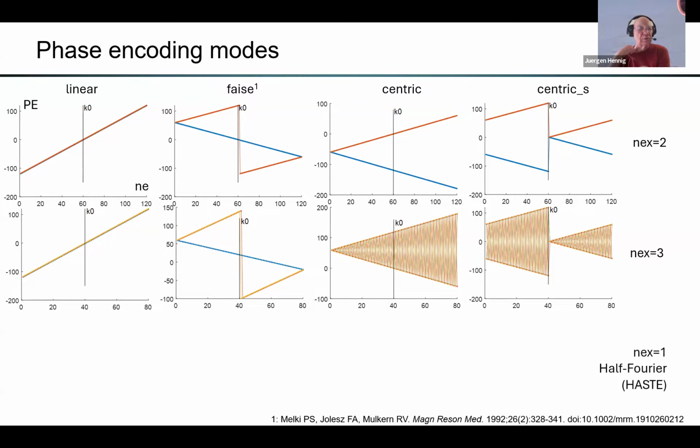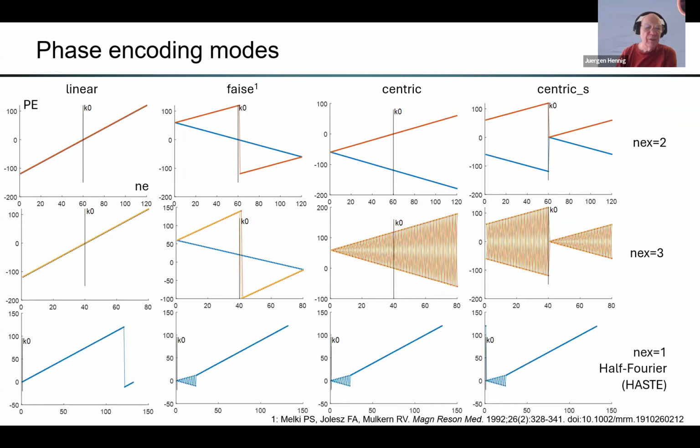There's also a quite often used implementation with a single shot echo train and half Fourier reconstruction. This is not really favorable with the linear phase encoding. If you really want to put the phase encoding 0 into the first echo, that would mean that the second half of your reference data for your POCS reconstruction goes to the end of the echo train, which will not give you good results.